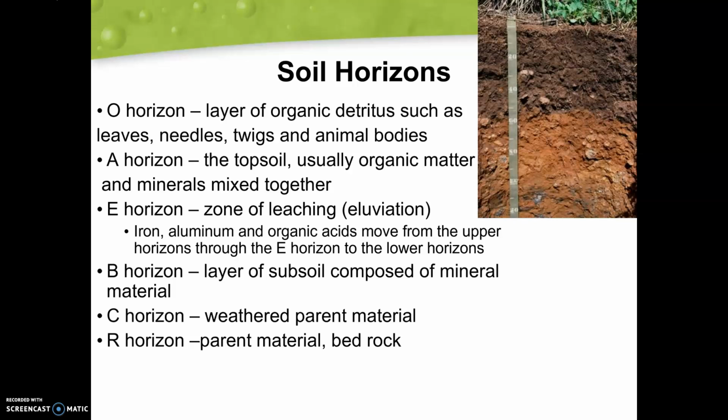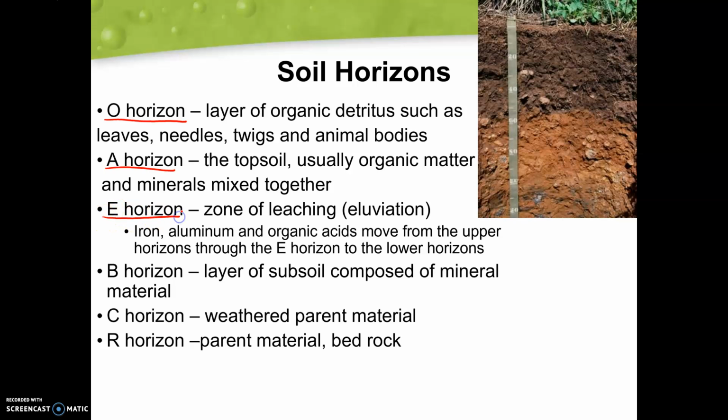Taking a look at these a little more in depth. Again, our O horizon is our layer of just organic debris: leaves, pine needles, twigs, animal bodies, anything like that. Our A horizon is our topsoil, so it's different organic matter and minerals that are all mixed together.